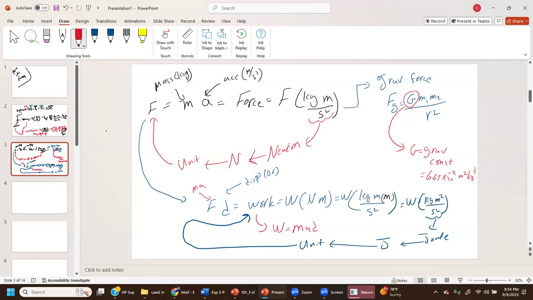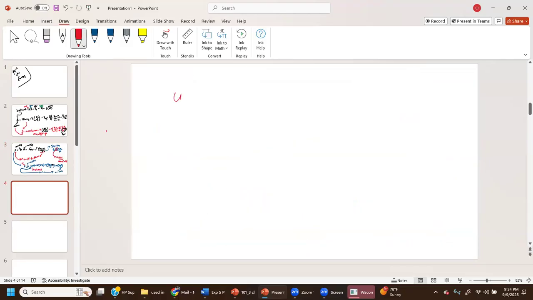Now, we're going to be taking this work and applying it over some kind of time, and that's what we're going to be talking about, the power, which is going to be joules per second. Actually, let me go ahead and write the abbreviation for it. Power, which is joules per second, we call that the watt.